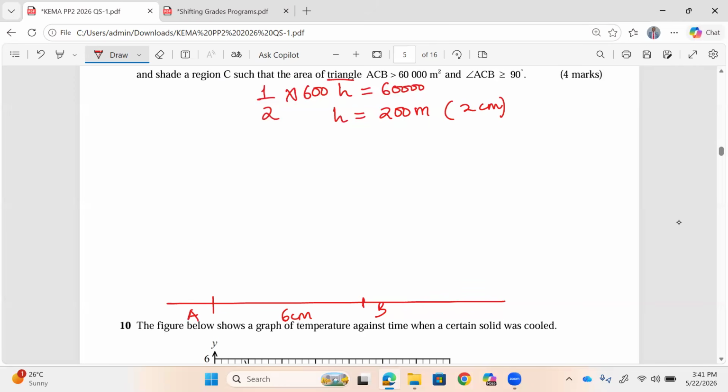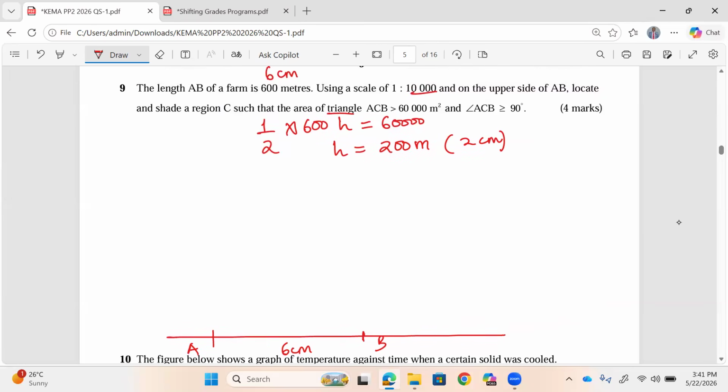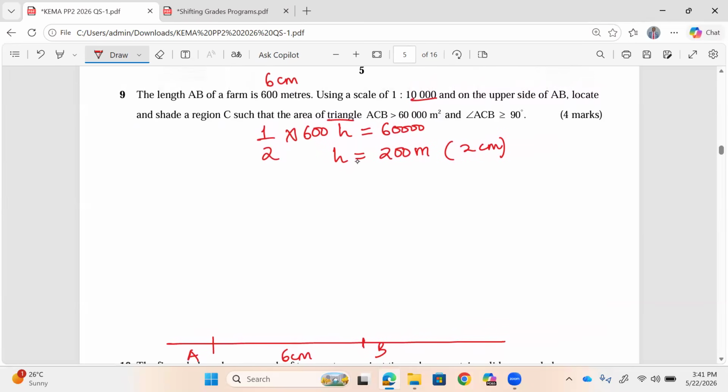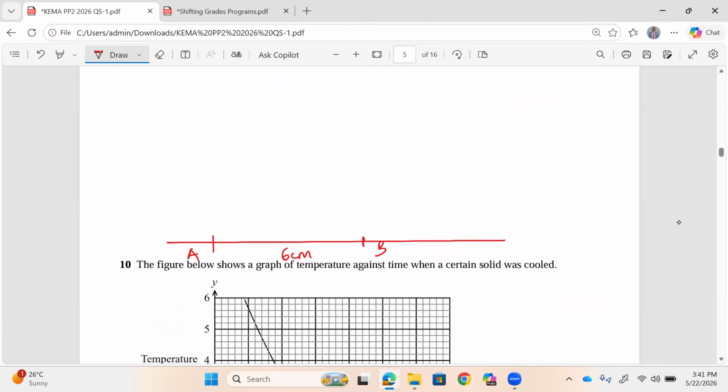At this point now, whereby we're talking about 6 centimeters, then it means we're supposed to talk about now the height. You know, there is a height, which is a point C. Point C should be 2 centimeters away.